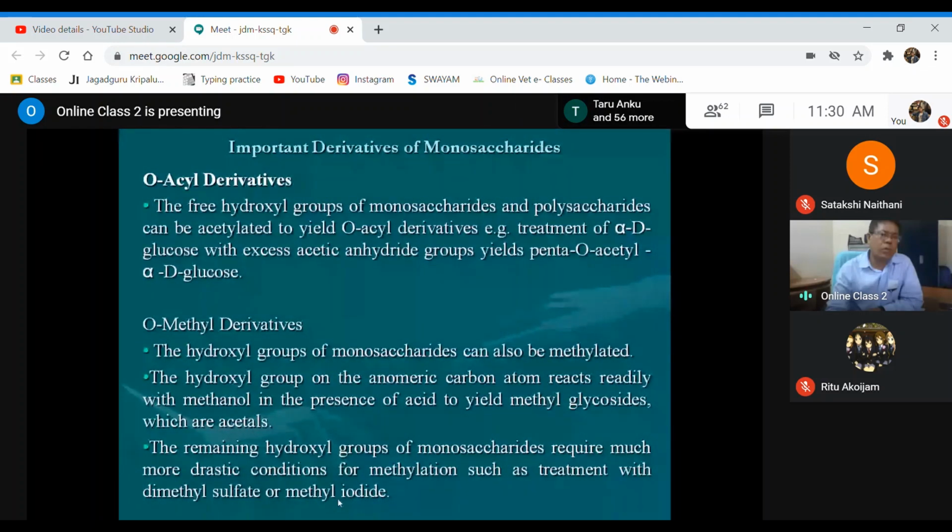Similarly, if you take the methyl group, like methanol, in the earlier one, what happens is that when we do the reaction in a mild condition, then only the anomeric carbon will be reacted.